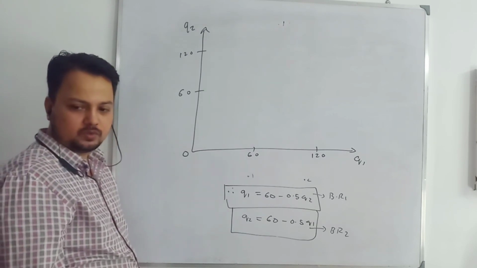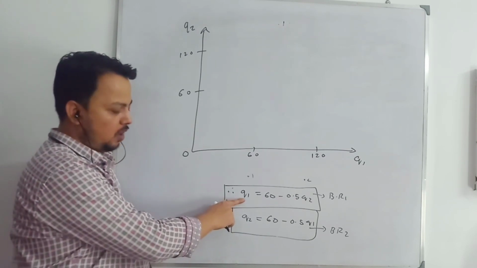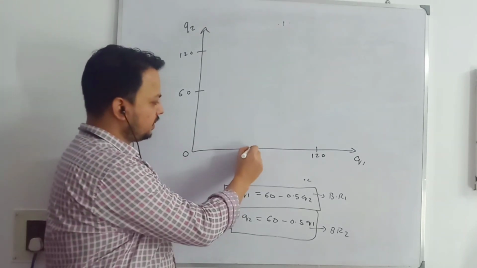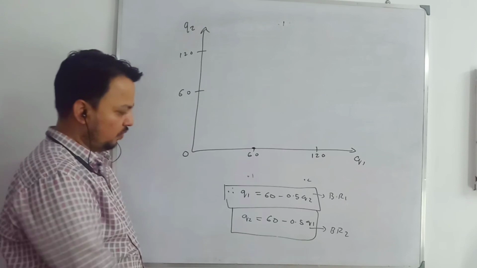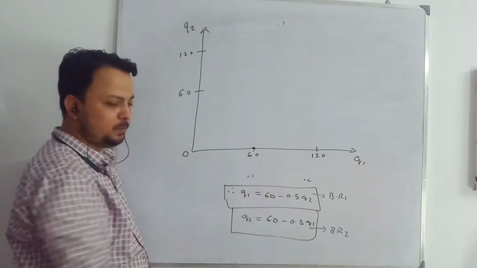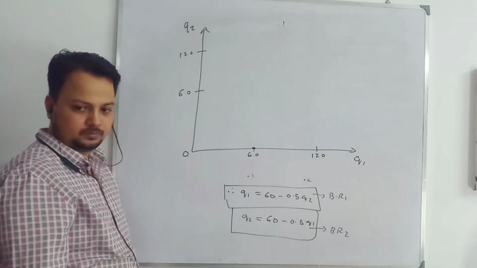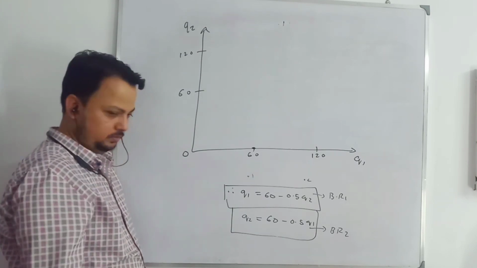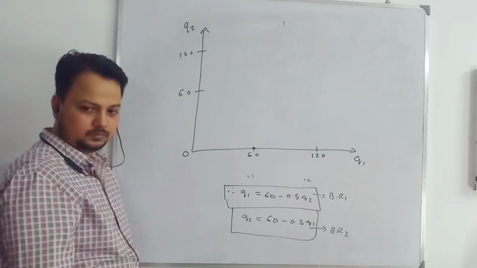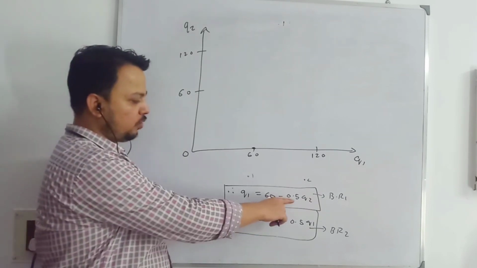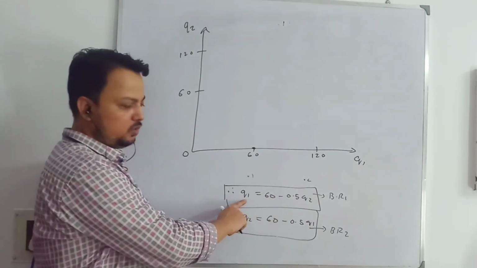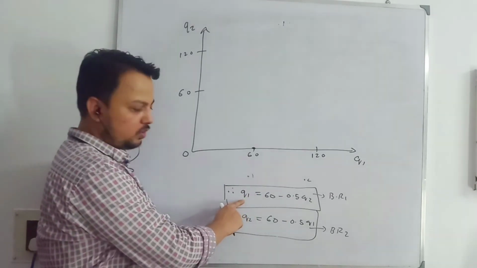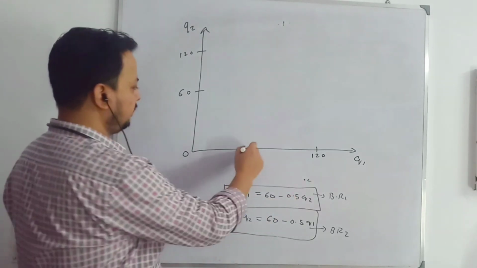When q2 equal to 0, how much will be q1? 60. q1 will be 60. When q1 equal to 0, how much will be q2? It will be 120, for the first equation.